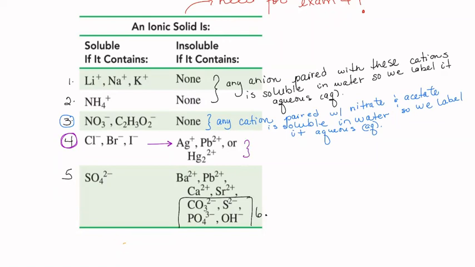So what this means is that any cation other than silver, lead 2, mercury 1 will be soluble in water.